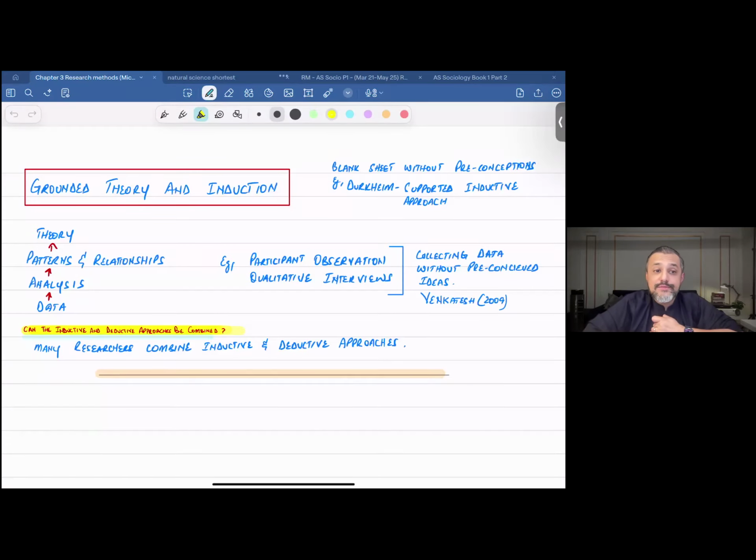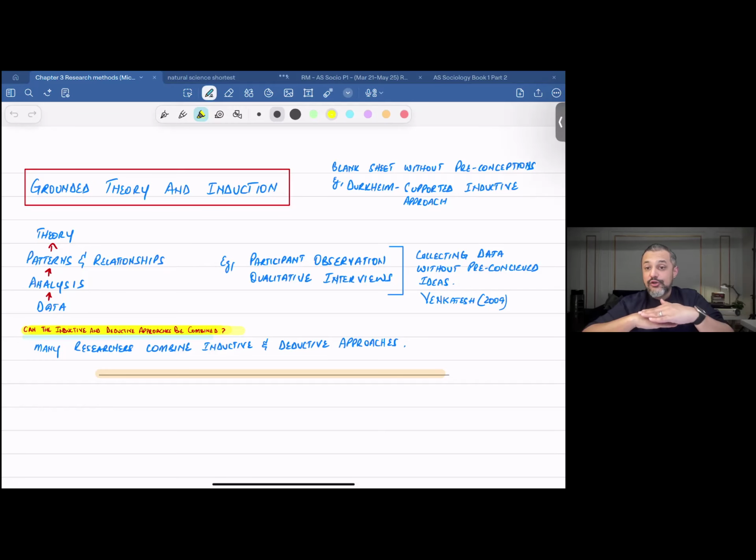On the other hand, if we speak about grounded theory and induction, you start from the base. This is the base, my right hand. And if I try explaining this in a simple manner, when we talk about grounded theory, you're starting from the base. You don't have any hypothesis at the back of your mind. You just start with collecting data.